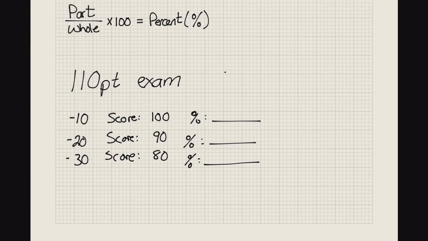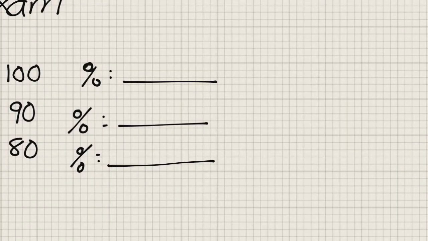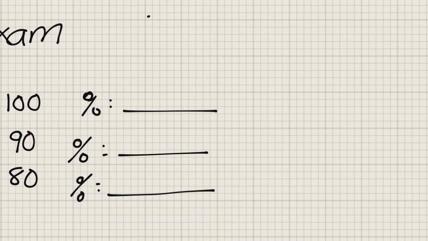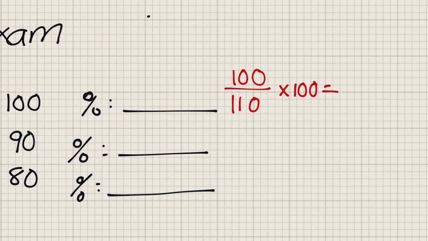All right, let's go ahead and do this right now. I'm going to do this off to the side. So what we would have had here: 110 over 110 times 100 equals what percent? 100%.